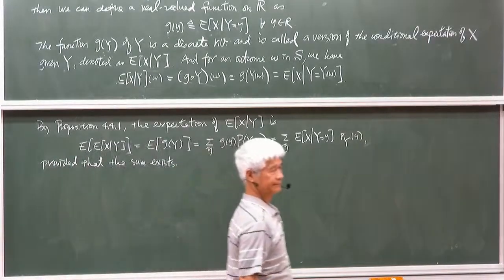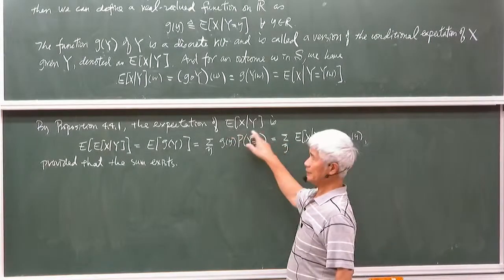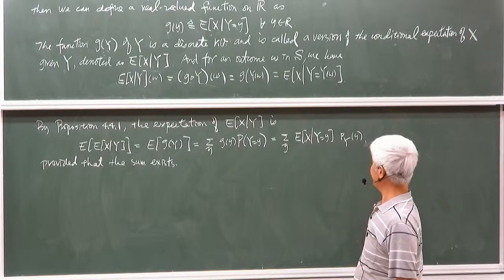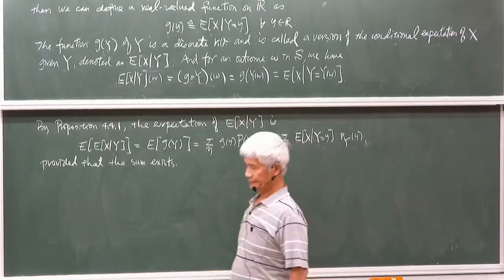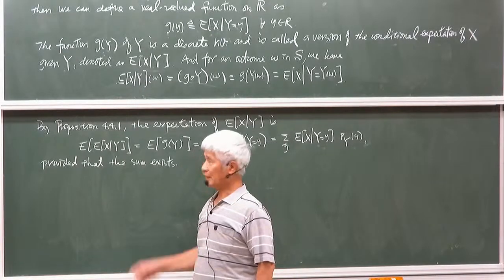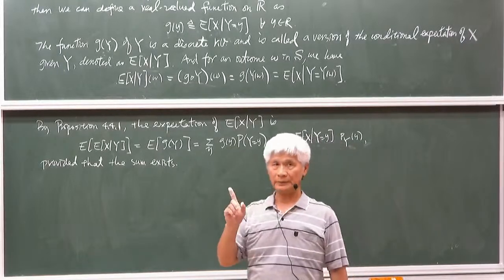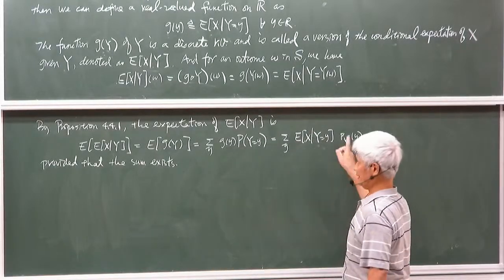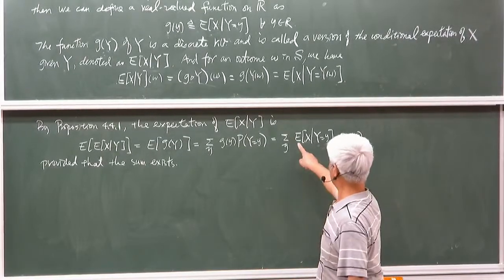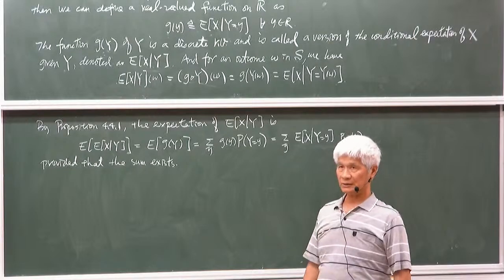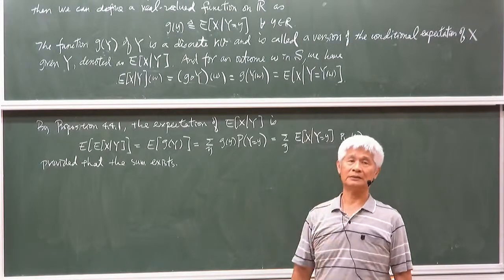If the sum exists, we can compute the expectation of this random variable. So you see here, the computation depends on the marginal PMF of Y, and also depends on the conditional expectation of random variable X, given that random variable Y has a specific value y.